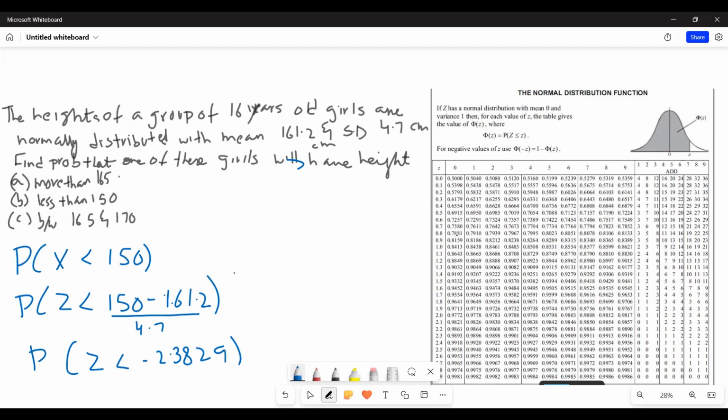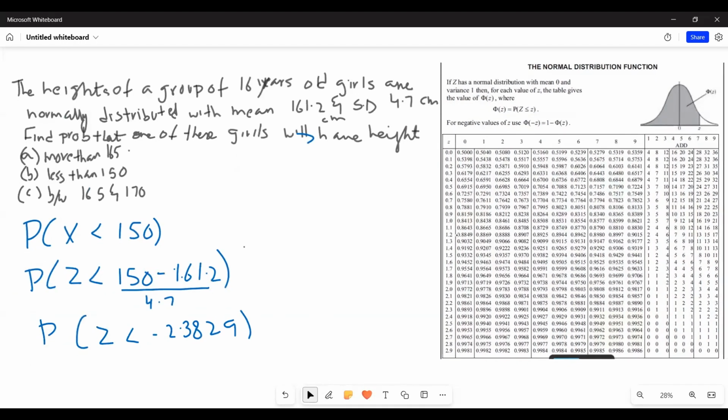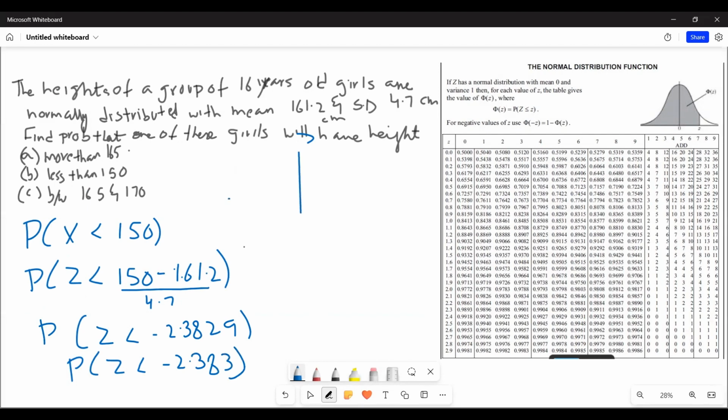Again, this should be 3 decimal places, so change it into probability Z is less than minus 2.383. Less than a negative value is the same as 1 minus this probability.